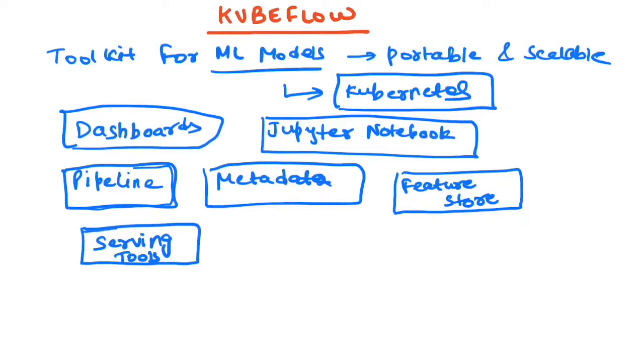So it offers different serving tools, so that whatever model you have developed using your Jupyter notebooks can be served using Kubeflow, and using your pipelines, the whole workflow you have created can be deployed and served through these serving tools. So this is how all of the components Kubeflow offers are stitched together to create the end-to-end machine learning model lifecycle, which is portable as well as scalable.